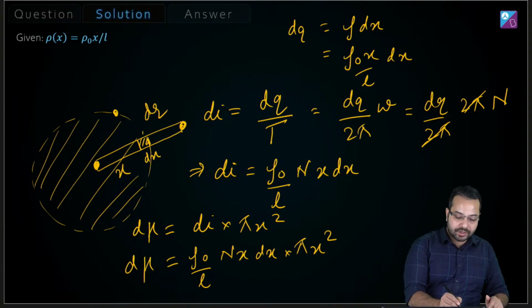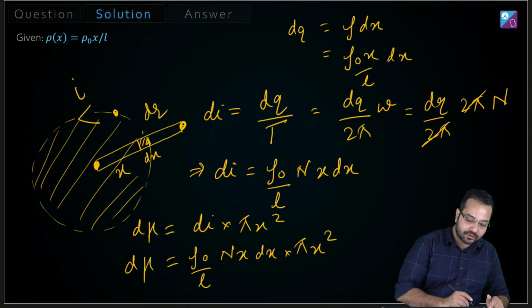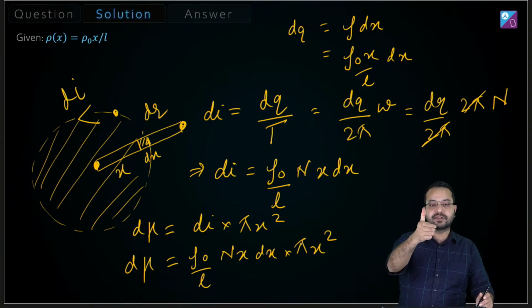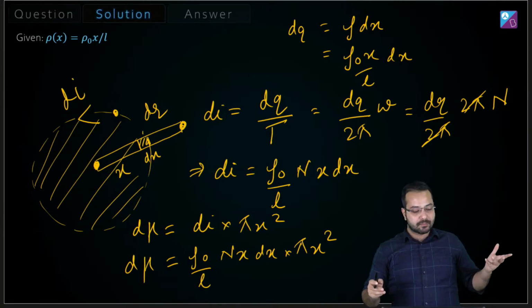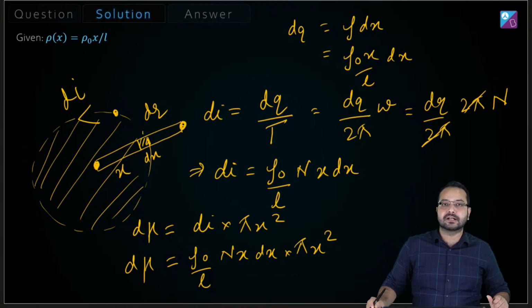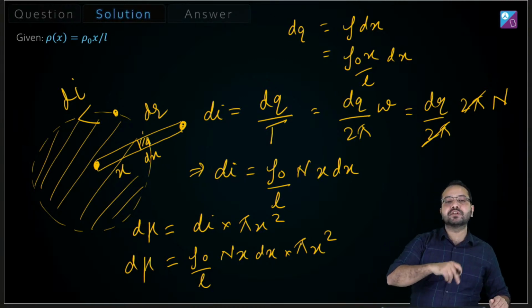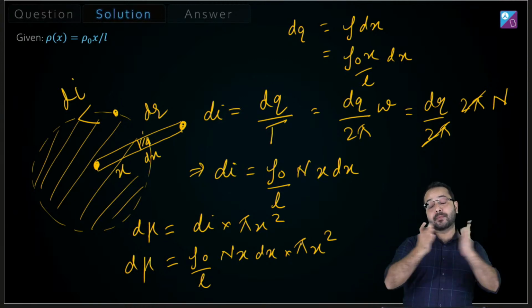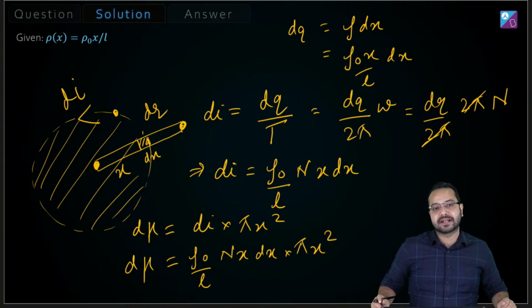Okay, so if this is the direction of current, then we curl our fingers along the direction of current, and the thumb gives the direction of magnetic moment. Is that clear? So the magnetic moments due to all those charges are in the same direction, so we can directly add them.